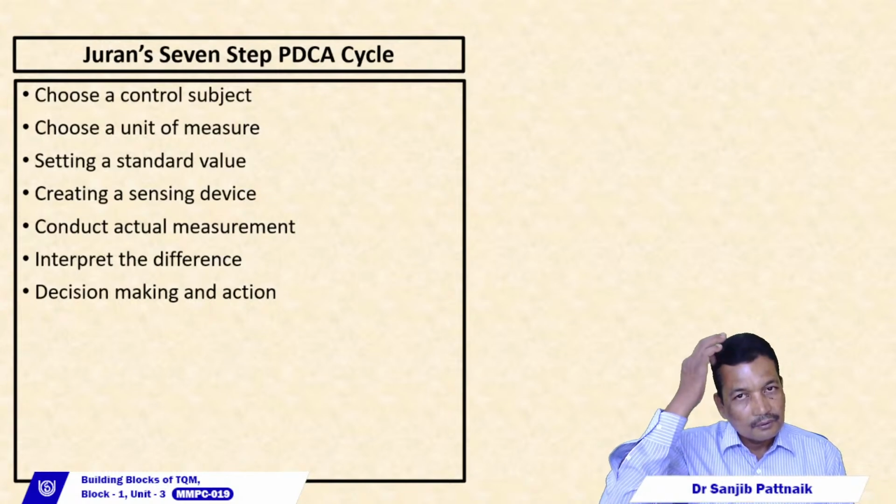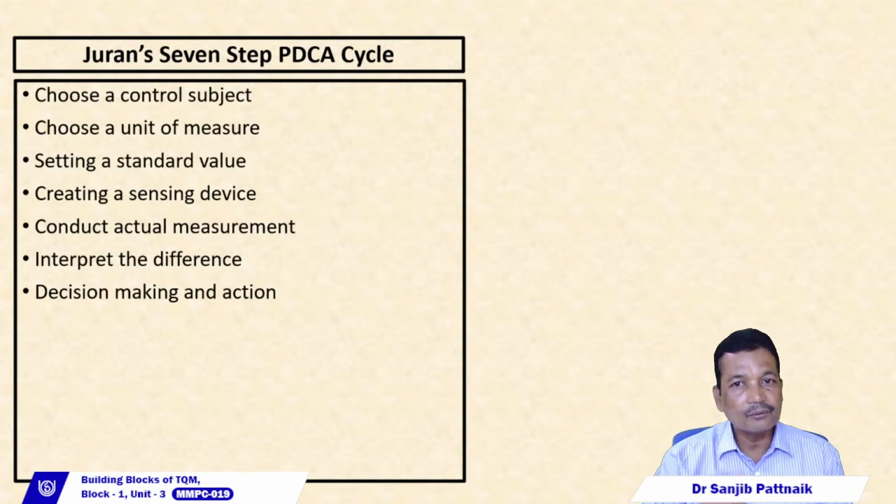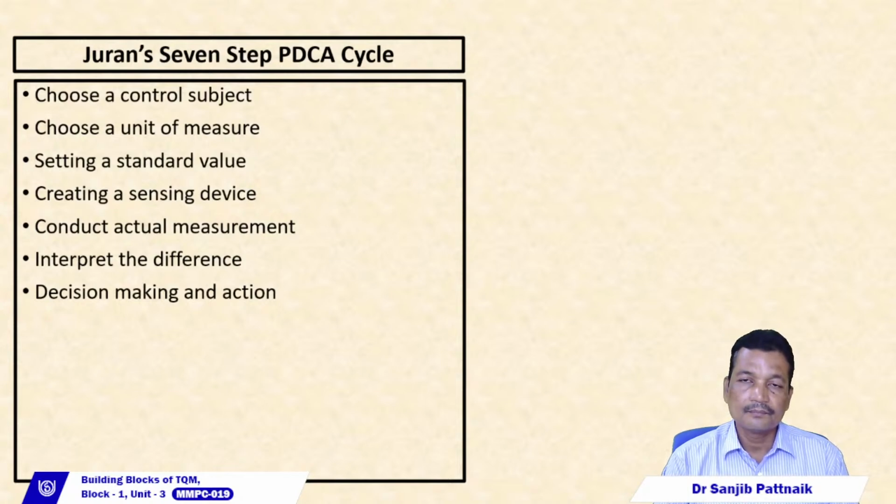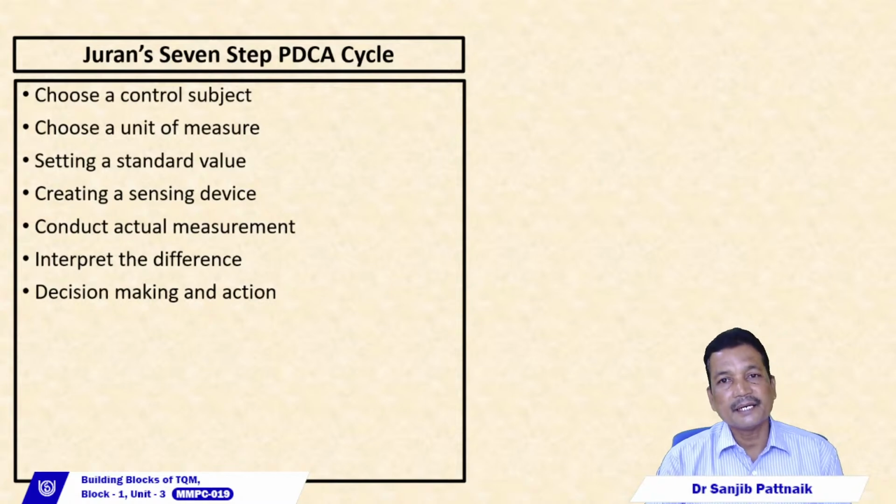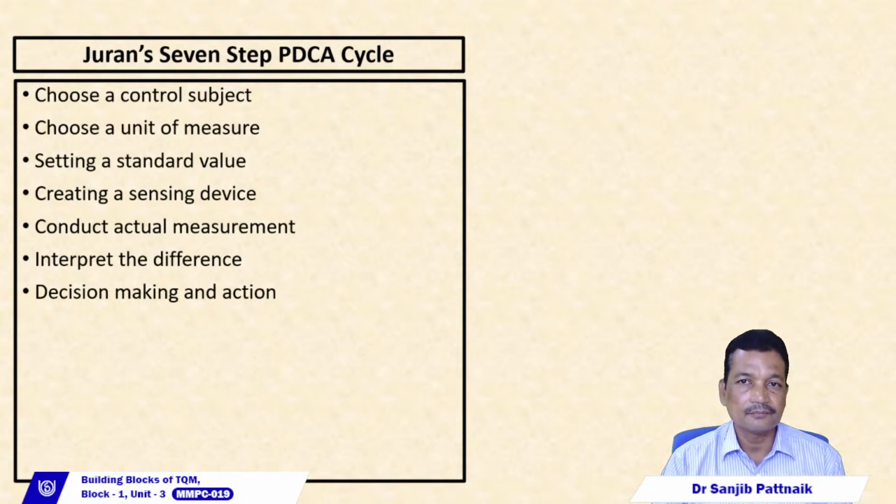Now, you also have a unit of measure so that the control subject can be measured. The measurement has to be clearly defined. That means whether it is number of units, whether it is dimension, whether it is the tensile strength, etc. Then set a standard value. That means set up a benchmark, standard value.